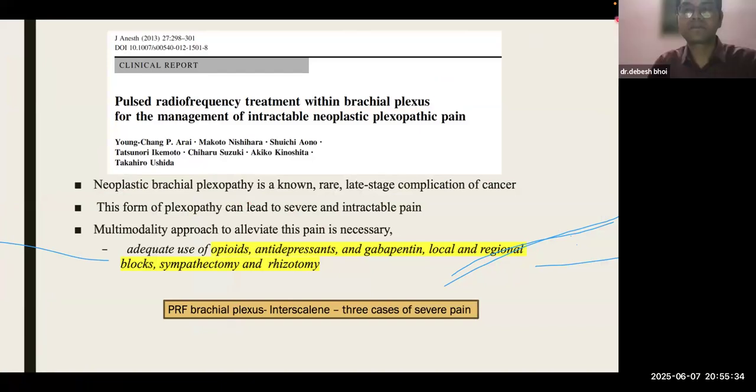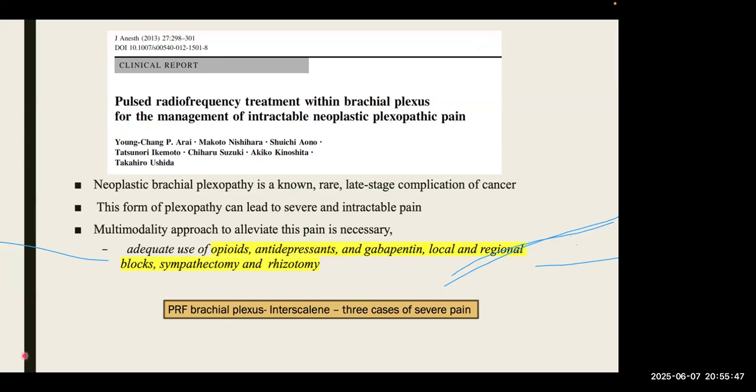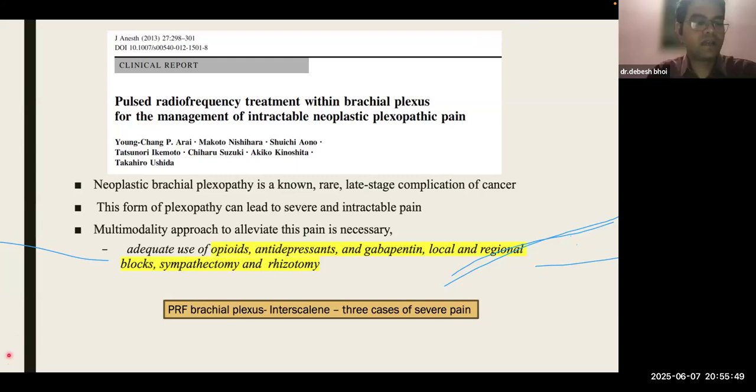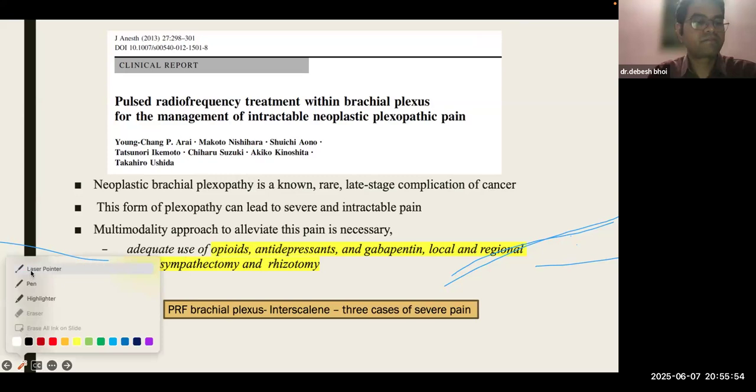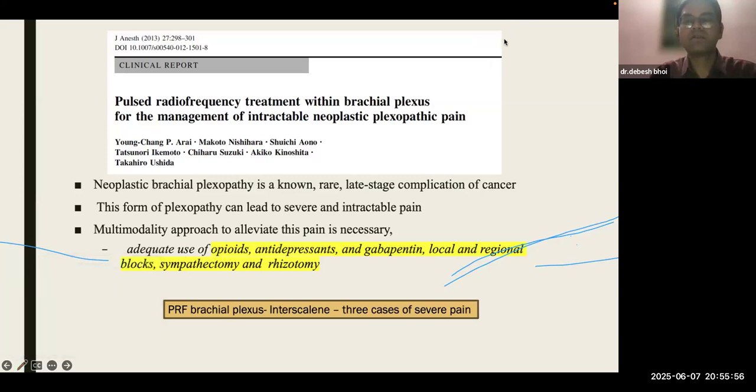Okay. Sir, it is visible. You can continue. I think the highlighter is on.